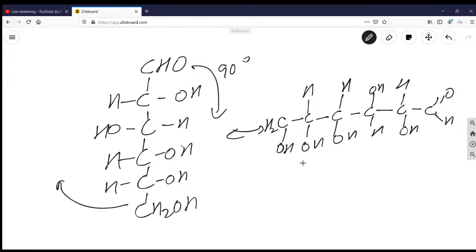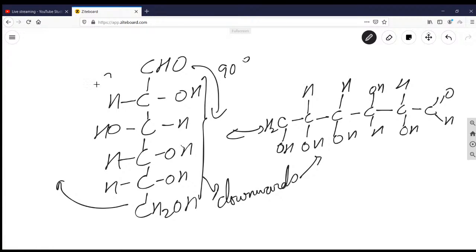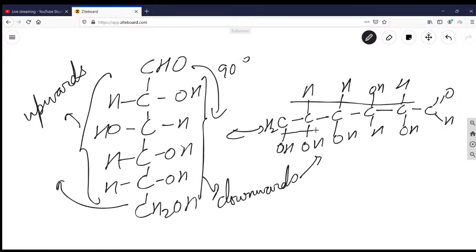So the meaning of this side and this side is: anything on this side will be downwards, and after rotation by 90 degrees, anything on this side will be upwards. You can see everything on one side came upward and everything on the other side came downward.